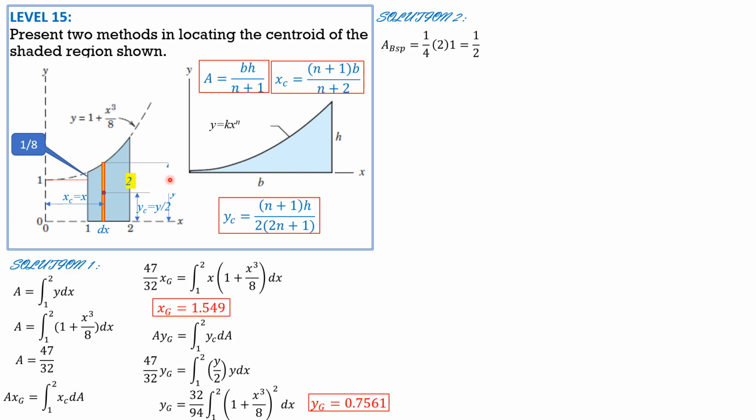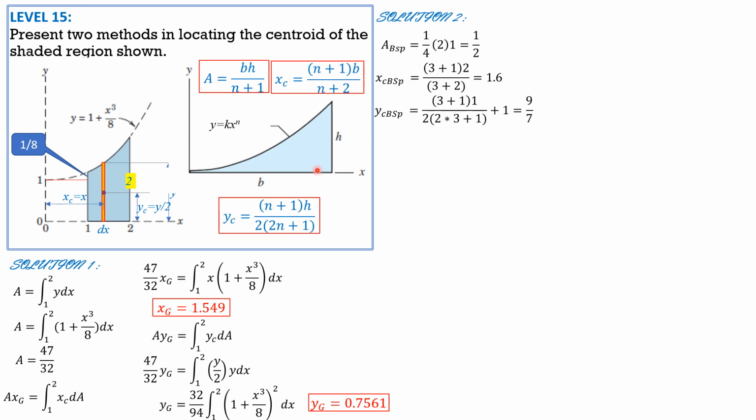So x sub c of the big parabola, the big shaded portion under this nth degree curve, is 3 plus 1 over 3 plus 2 of b, where b is 2. So 3 plus 1 times 2 over 3 plus 2, and it is 1.6. Then y sub c of the big spandrel is 3 plus 1 times 1 over 2 times quantity 2 times 3 plus 1.